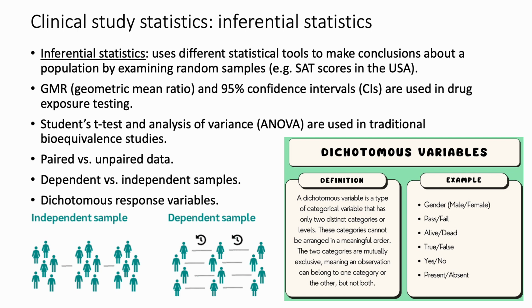I'm sure that you heard about Student's t-test and analysis of variance, ANOVA, and some of you, of course, ANCOVA as well. You heard about several statistical tests, but what I'm going to tell you now is not only about t-tests, it's mainly about the different statistical tests that we use based on the distribution of the data.